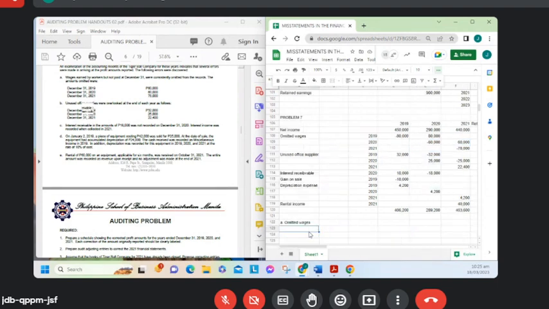So for 2020, that's the impact of that understated expenses will be overstated net income. So therefore, there is a debit to retained earnings amounting to 60,000. No?